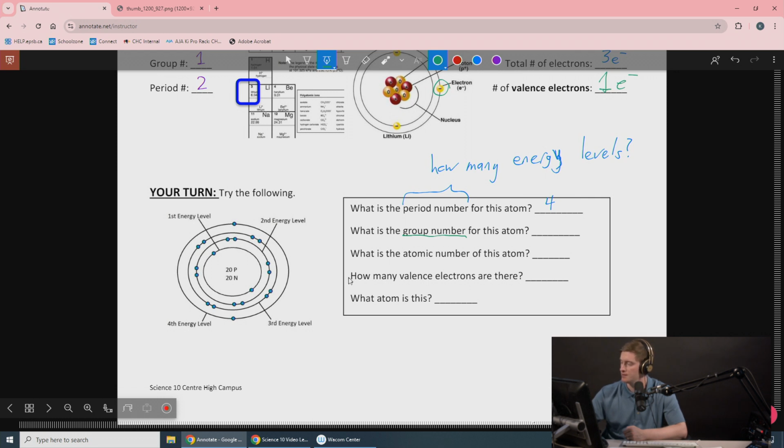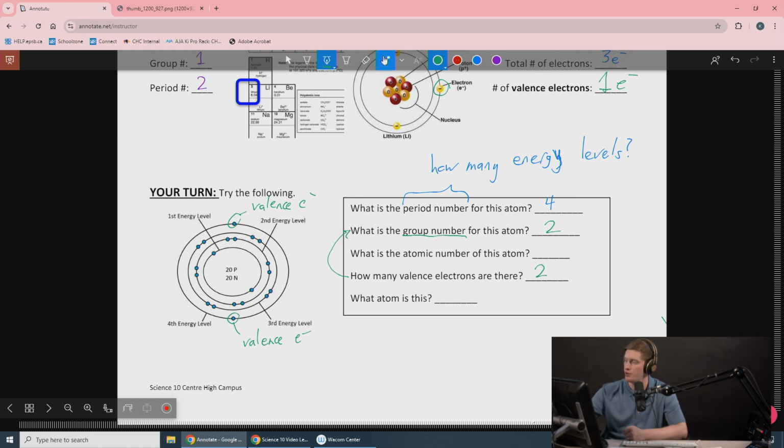So how many valence electrons are there? There are 2 valence electrons on the outside. This is a valence electron, and this one here is a valence electron. This would be in group 2.